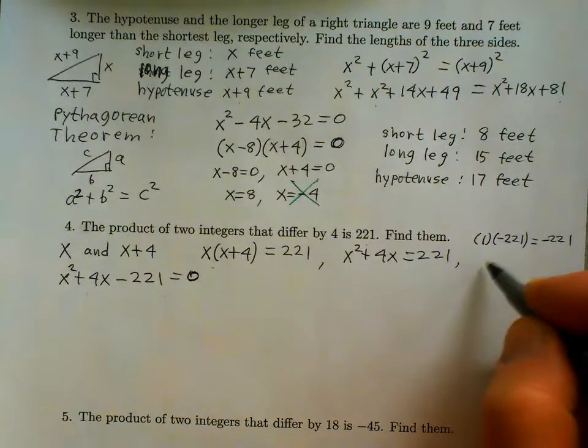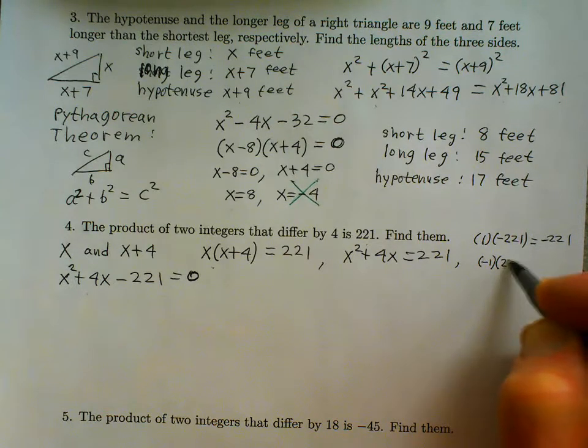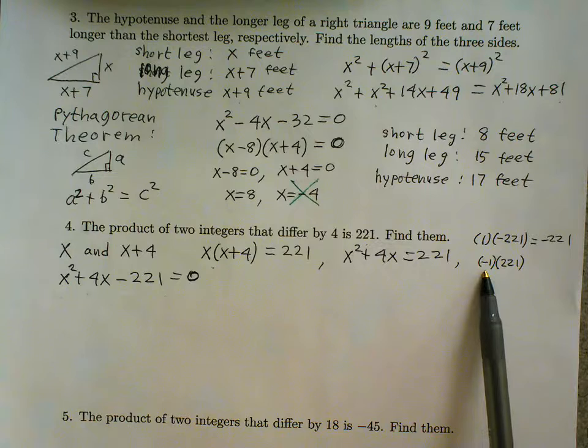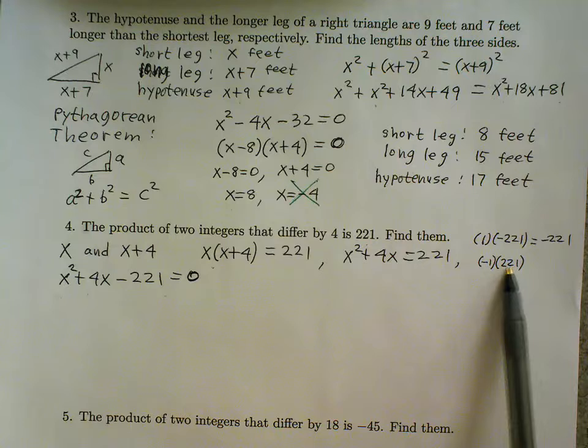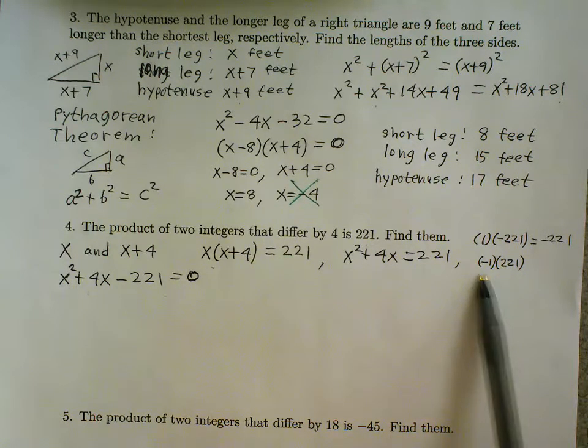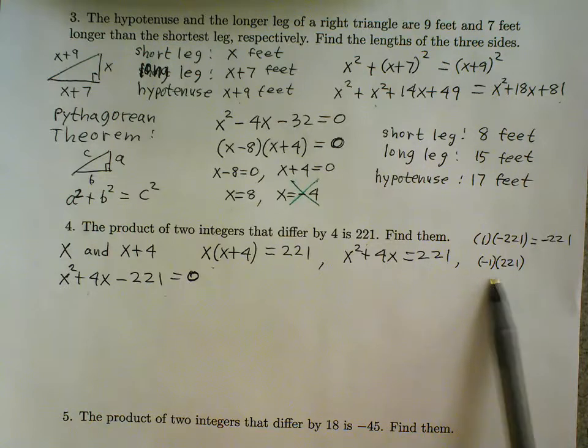So at the extremes, we write negative 1 times positive 221. Well, let's see. 2 is not a factor. 3 is not a factor. Or negative 4 is not a factor. Or negative 5 is not a factor.